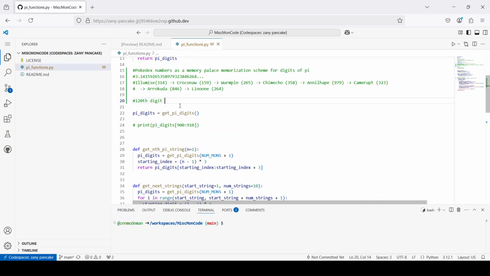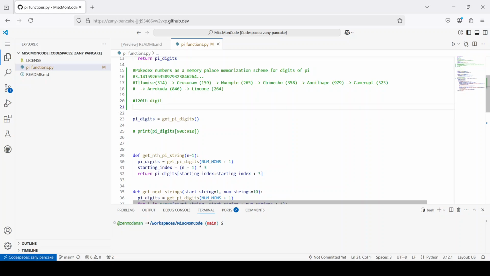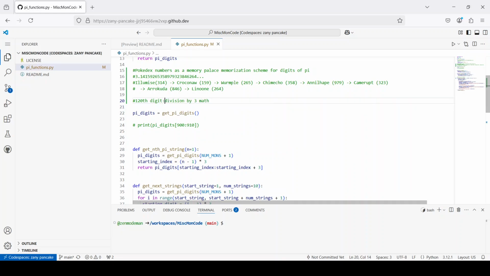In my head I'm going to have to do some division by 3 math to figure out which string I need.